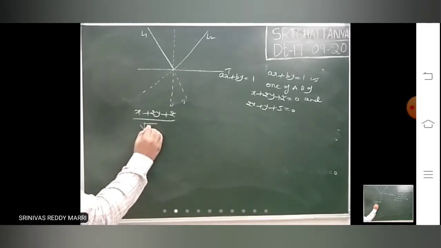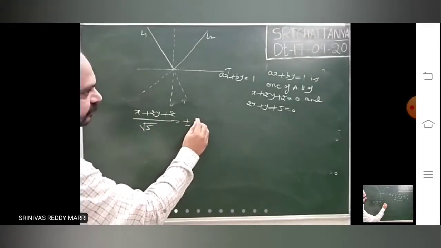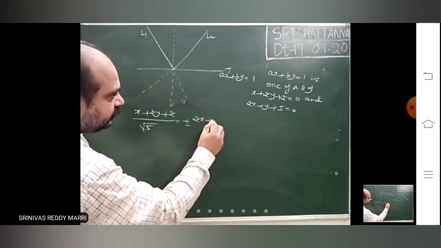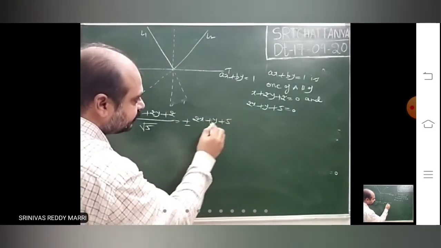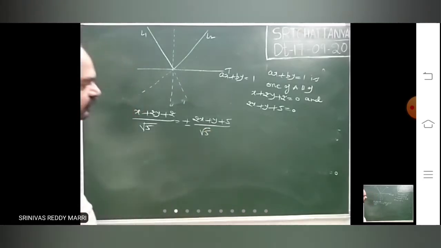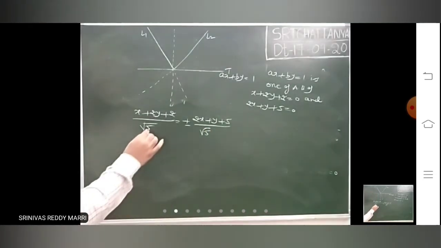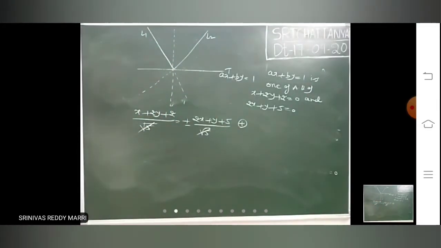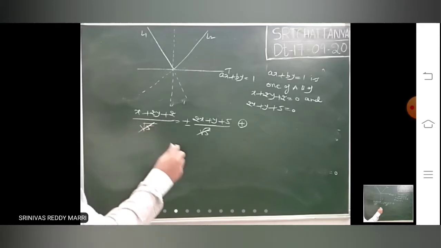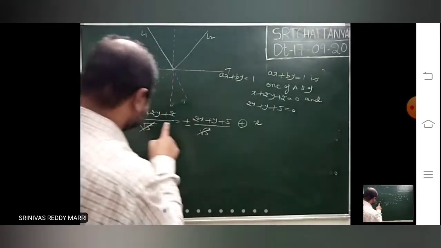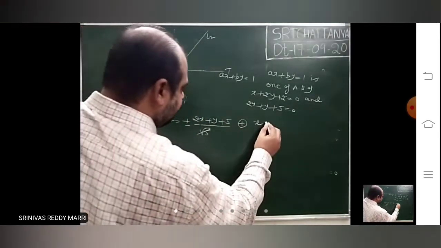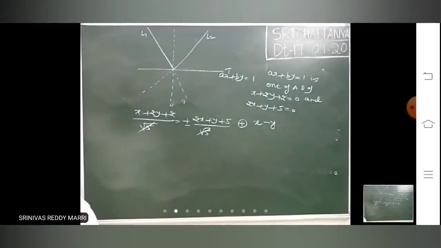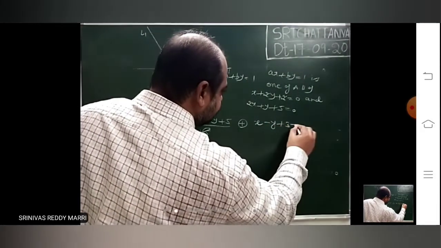Divided by root 5 equal to plus or minus 2x plus y plus 5 divided by root of a2 square plus b2 square. So if you take plus, one angular bisector you will get: x minus y plus 3 equal to 0.